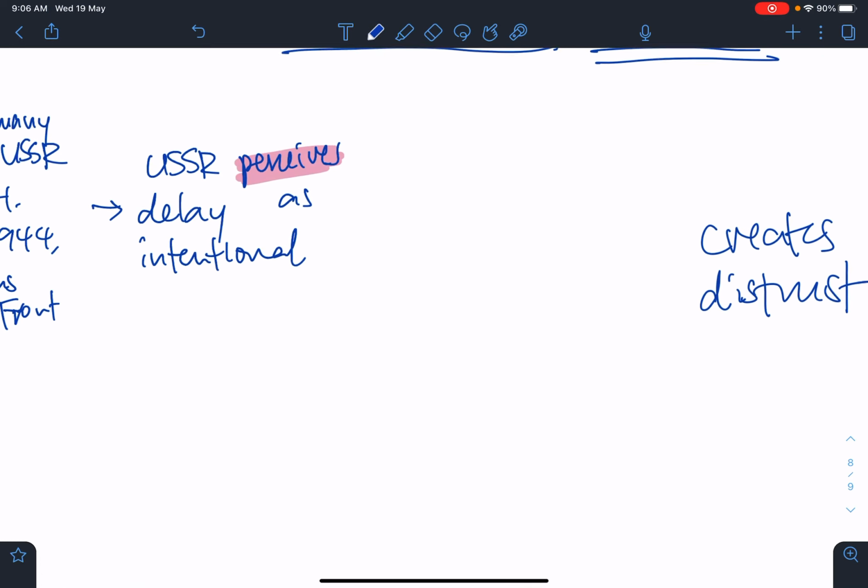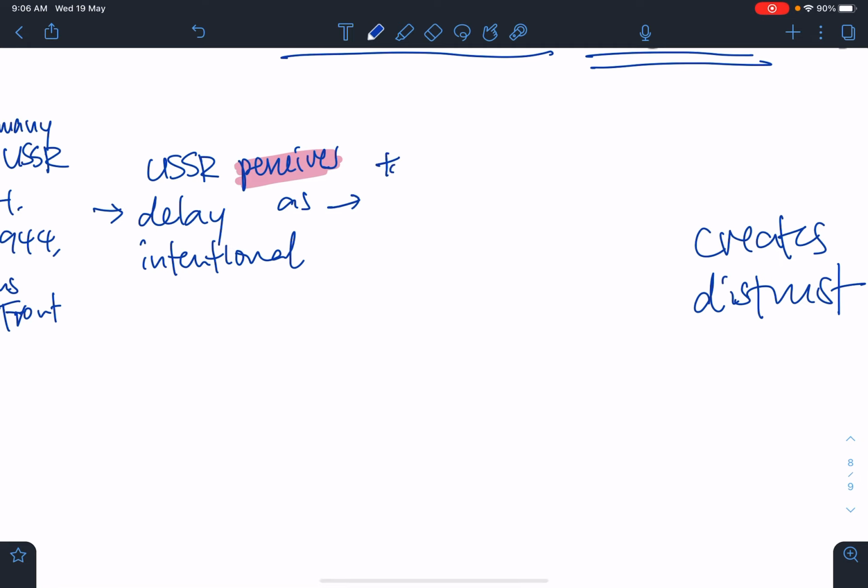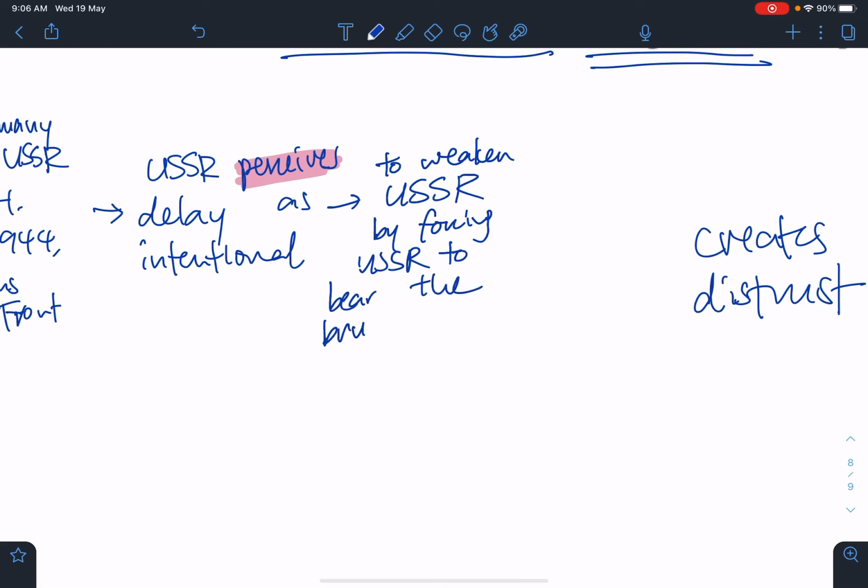Okay? And why is it intentional? To weaken the USSR by forcing the USSR to bear the brunt of the German assault.